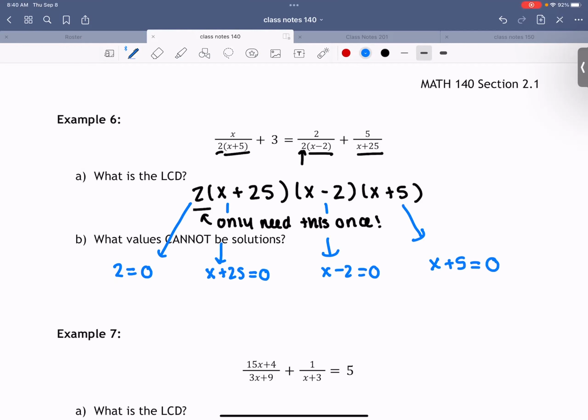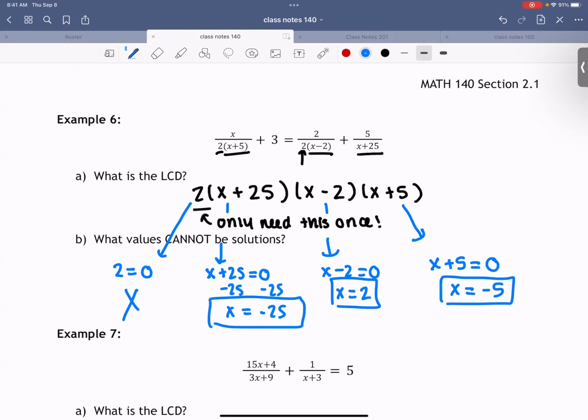How many solutions does 2 equals 0 have? None, right? So this kind of just goes away. We don't need to think about that. Solving for x on the other ones, we can subtract 25 on both sides. So x equals negative 25, x equals positive 2, x equals negative 5. These are the 3 things that cannot be the answer to my equation up top.